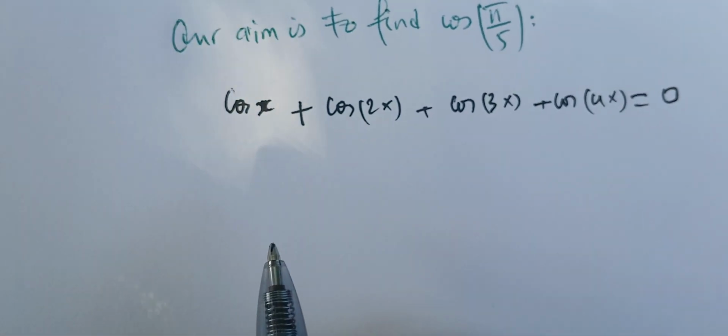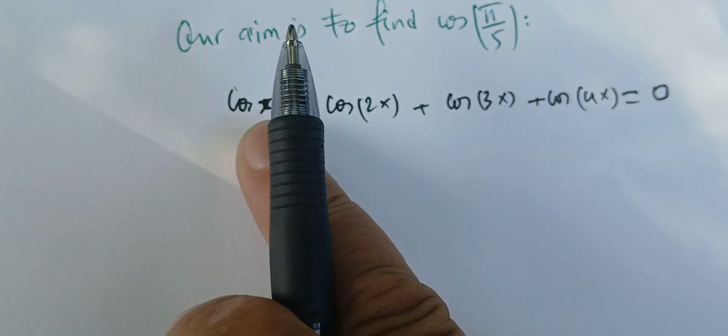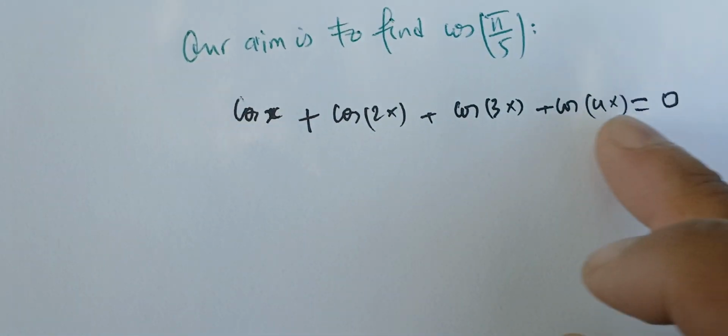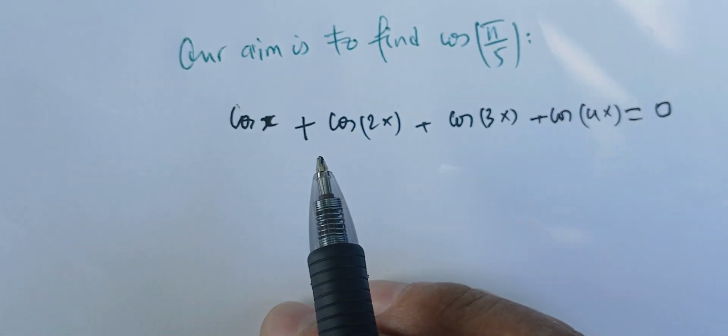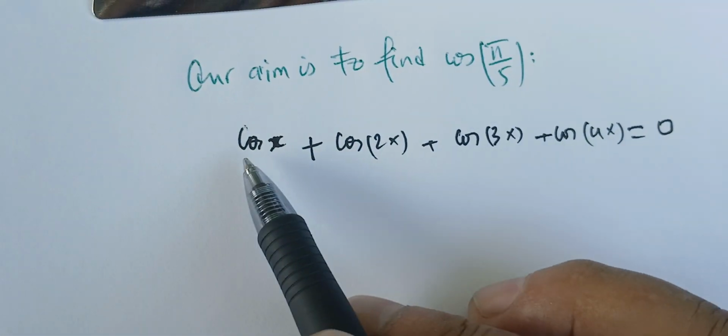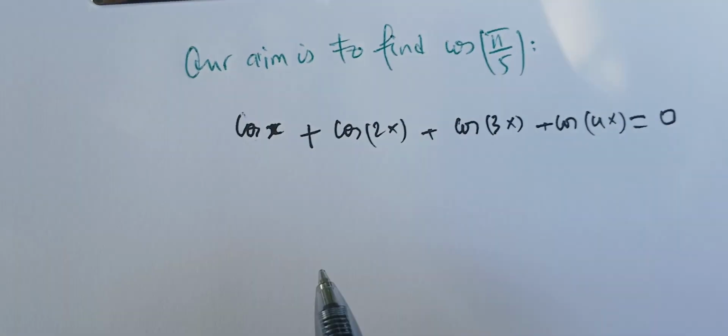When we plug pi over 5 in instead of x, we have shown that this sum is 0. So we know that pi over 5 is a solution for this one.